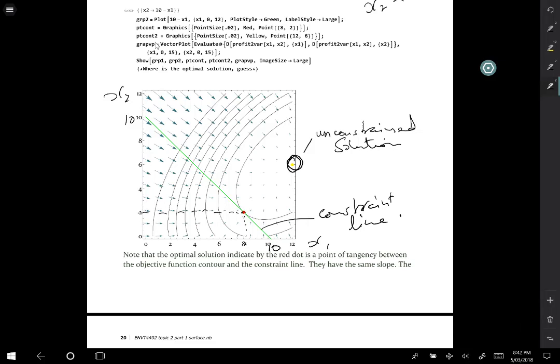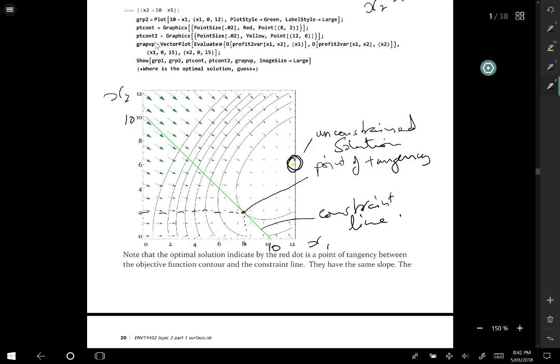What characterizes this optimal solution is that in many cases it's what's called a point of tangency between the optimal contour and the constraint line.